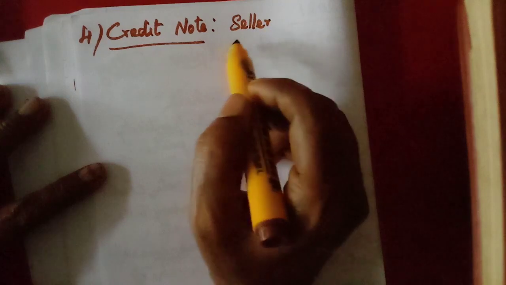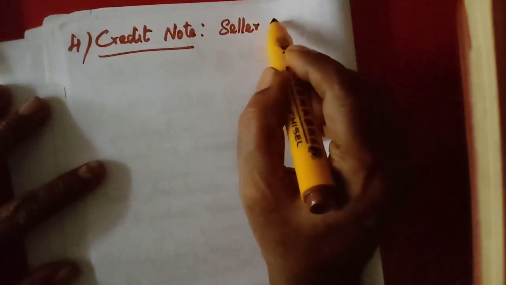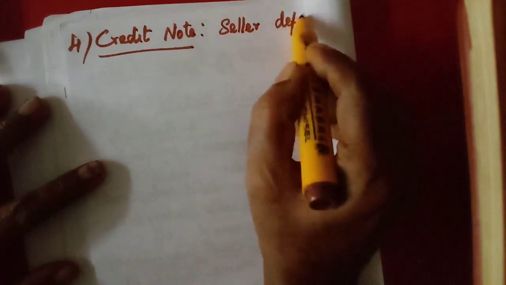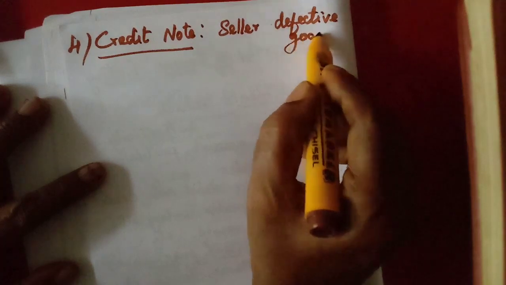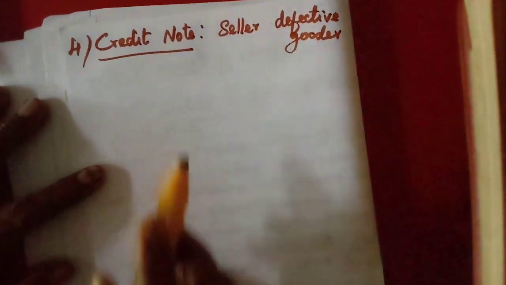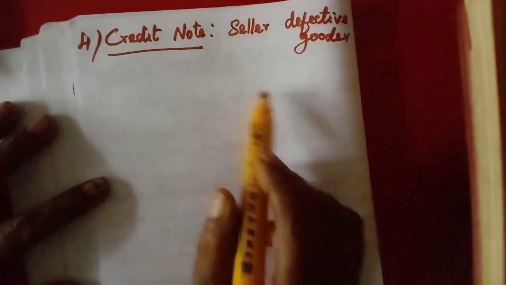Now this is prepared by the seller. The seller is receiving the goods. When he receives the defective goods, he will prepare the credit note and he will send this one again to the buyer.